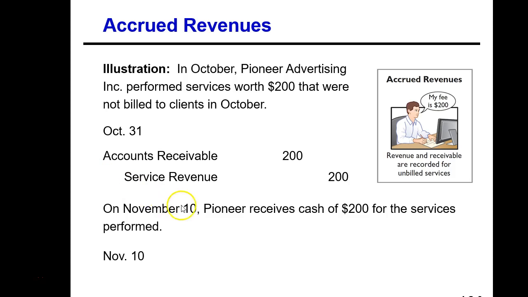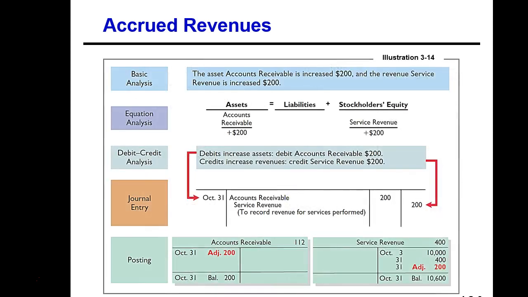Now, they paid us in November, on the 10th of November. So once they pay us, what accounts will be affected? You guessed it. Because they're paying us, our cash will increase by $200 and we decrease the accounts receivable, which is an asset account. Notice that the revenue wasn't recognized when the cash was received, but when we performed our service obligation back in October.